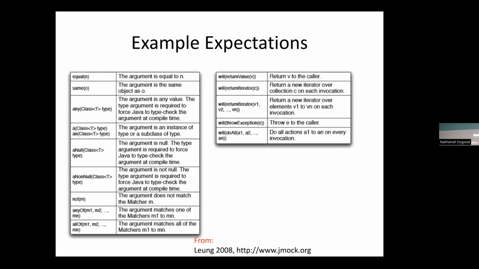You say, I want to mock out this, and it'll create a doppelganger that checks expectations about what is the case, right? That checks whether an argument is null, checks whether one argument is the same as another, checks if it's equal to a certain value, and checks if it falls within a certain range of possibilities, etc.